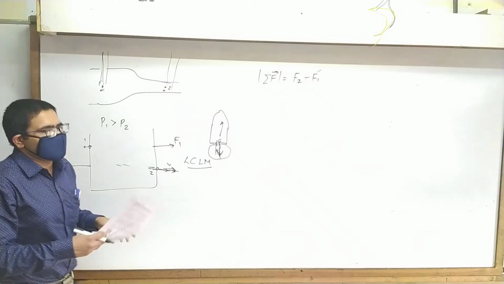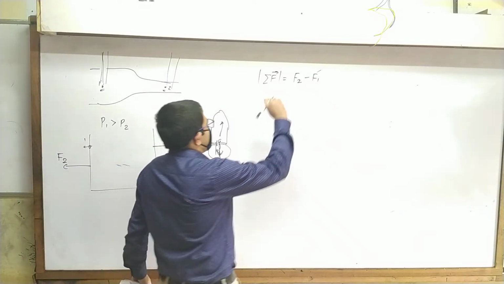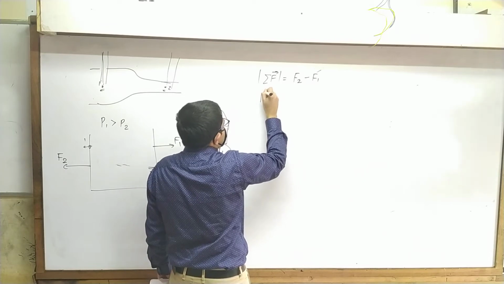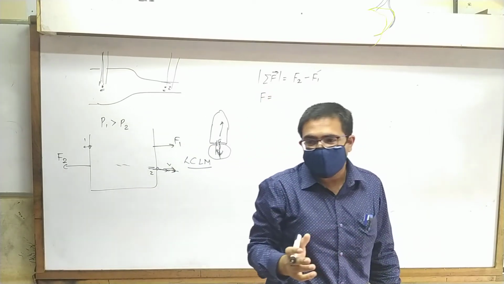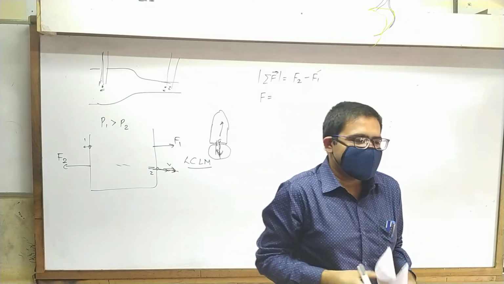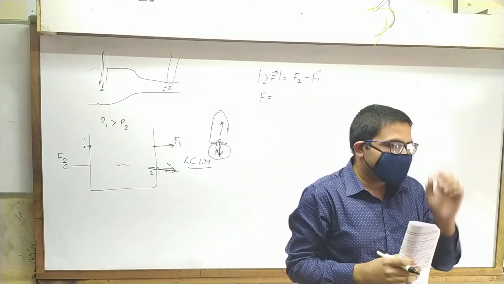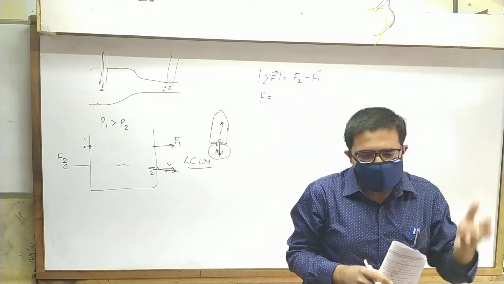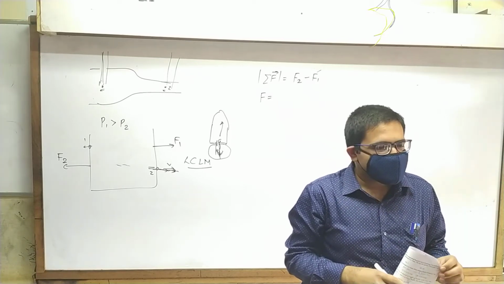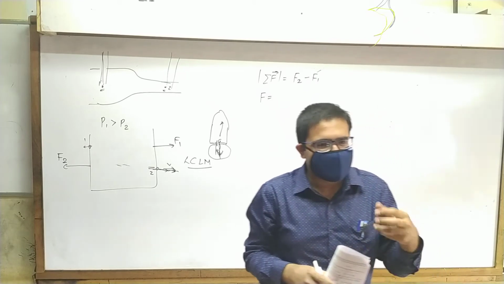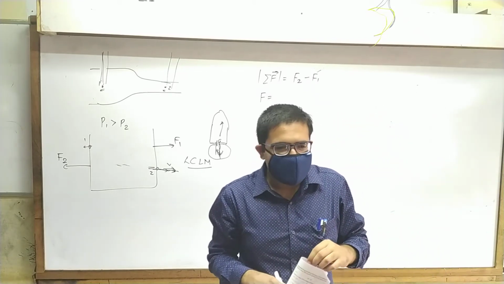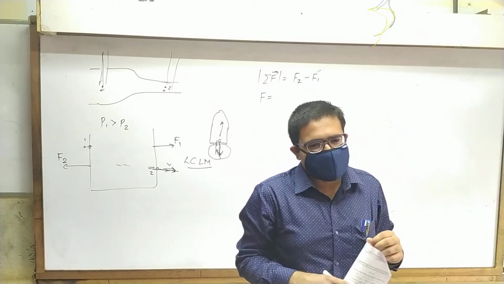So let's find out these values. What is the force? Do you remember that force is what? Can someone tell me? What does a force do? When you apply force on an object, what happens? It changes velocity. Okay, fair enough.